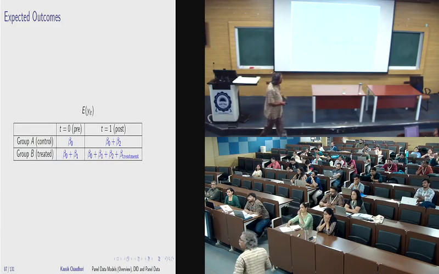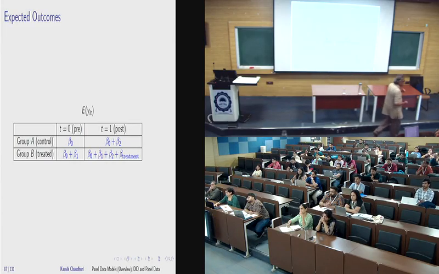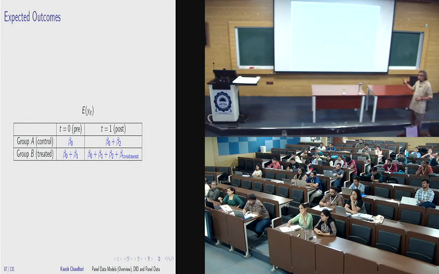So the expected value of y_it comes in 4 cells, one for t equal to 0 and t equal to 1, and the other in terms of the control and the treated. Clear? So note, for the control I can think of beta 0 plus beta 2 minus beta 0 as estimating the post effect.